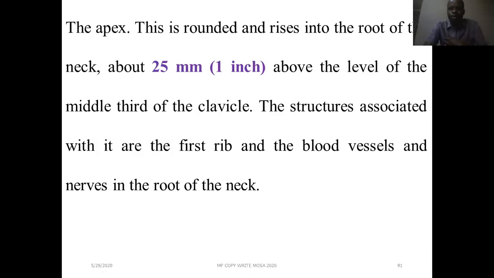The structures associated with it are the first rib and the blood vessels and the nerves in the root of the neck. We have ribs on both sides of the thoracic cavity. The first rib is the rib that is associated with the apex of the lung. Then the blood vessels and nerves in the root of the neck are also associated with the apex of the lung.